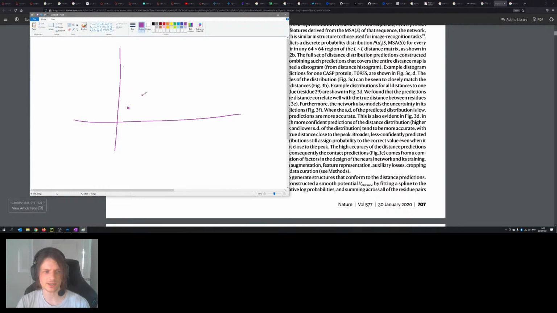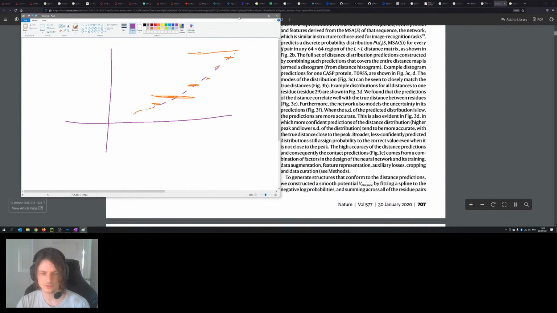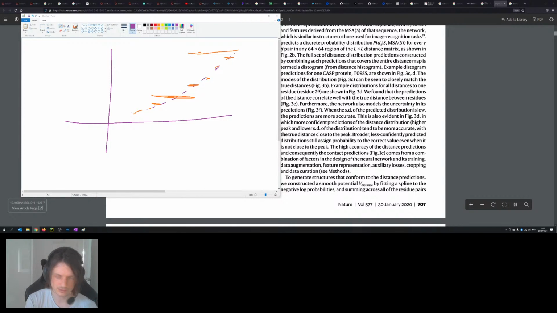So let's say this is a pair. And they've got these kind of squiggly things here. And they've fit the spline to negative log probabilities. Log, let me just get that. In mathematics, the logarithm is the inverse function to exponentiation.